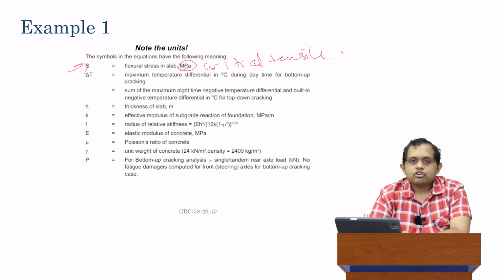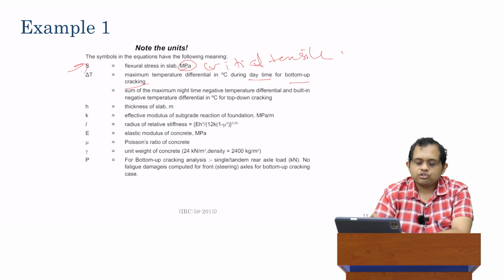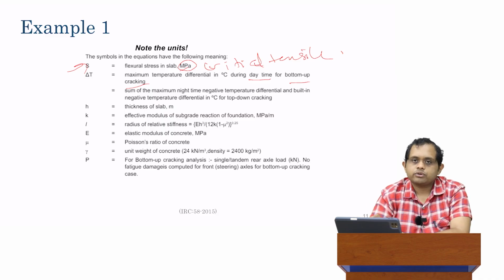Delta T, this we actually saw previously in our climate lecture. It is the maximum temperature differential in degrees Celsius during daytime for bottom-up cracking. So that's the value we pick up from the table. Well, ideally the code says that you should be getting local values and doing a more detailed analysis. In practice, people use that table, and we talked about the issues with that table before. Please go back to an earlier lecture for a summary. Or it is the sum of the maximum nighttime negative temperature differential and the built-in negative temperature differential for top-down cracking.